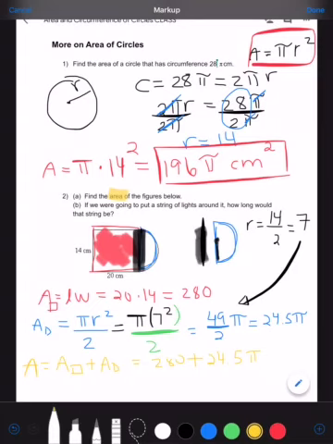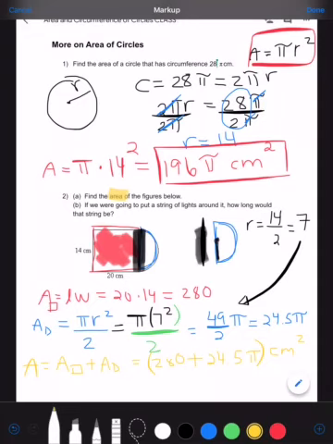Now, because we have the pi there, we cannot add that to the 280. So we are just going to leave it there, okay? And then just because it looks nice, I'm writing this inside parentheses. And because this is area, we know that this is centimeters squared, okay? So this is the total area of this here.